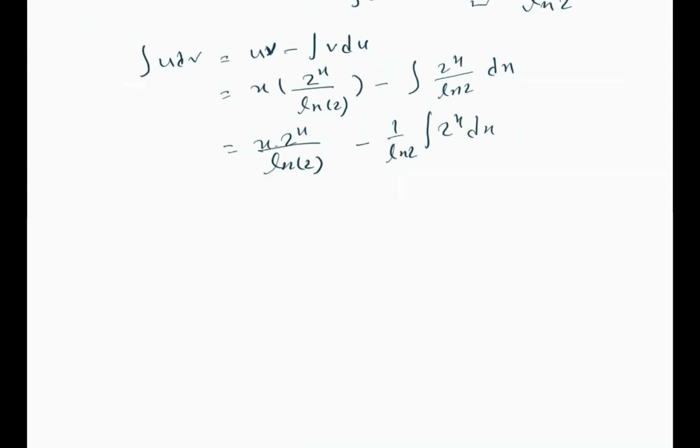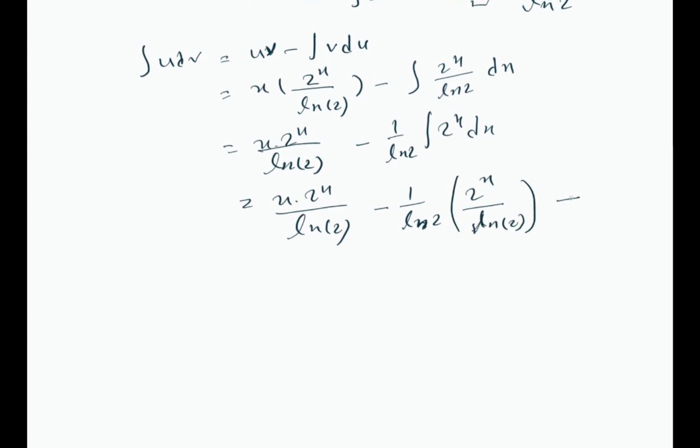We can simplify this expression: x times 2 to the power x over ln of 2 minus 1 over ln of 2, and then the integral of 2 to the power x, we know this is 2 to the power x divided by ln of 2. Okay, and finally we need to add a c.